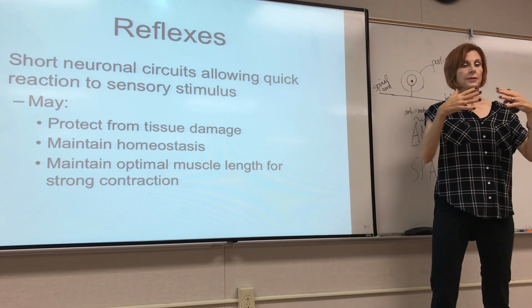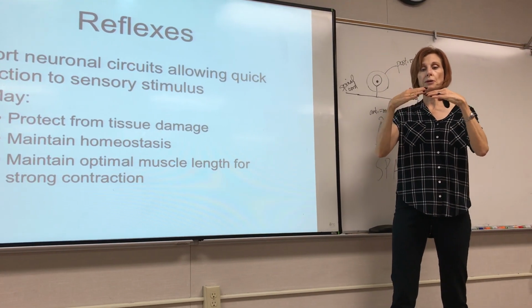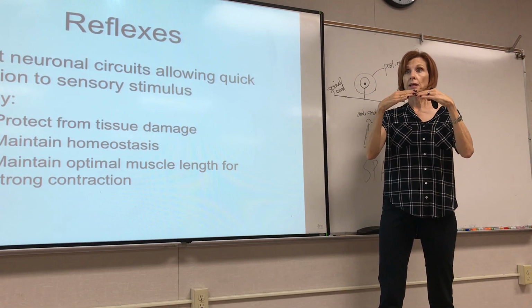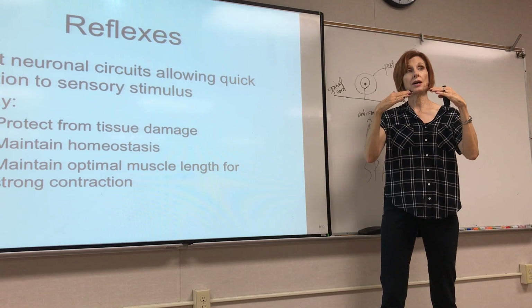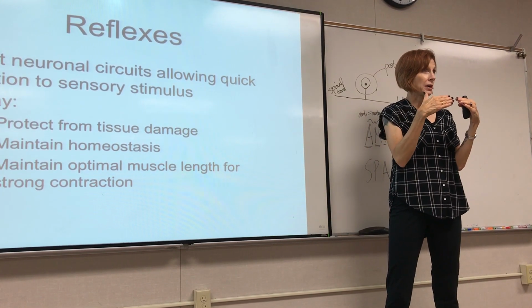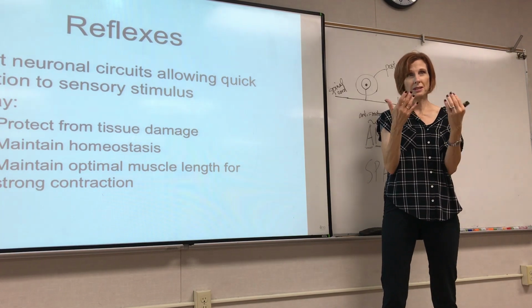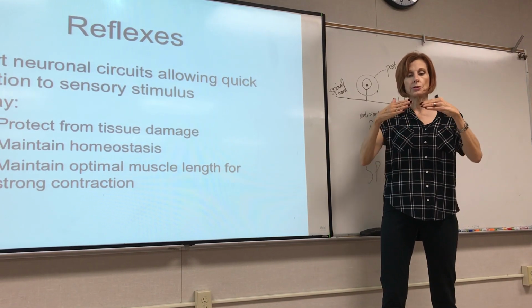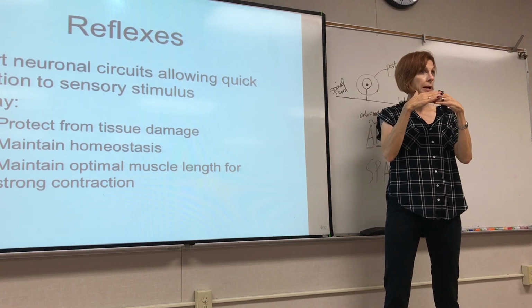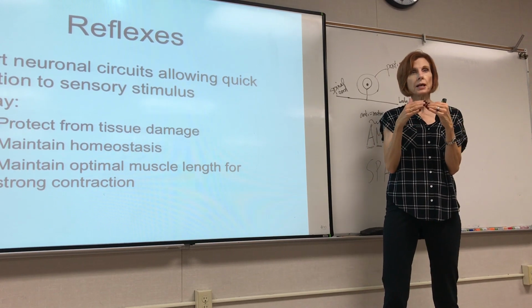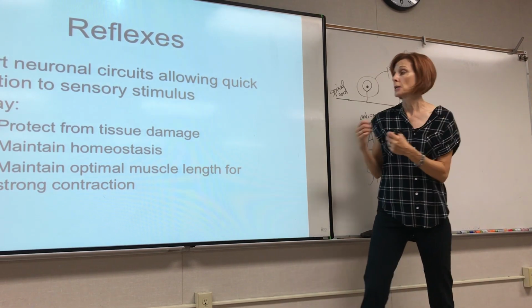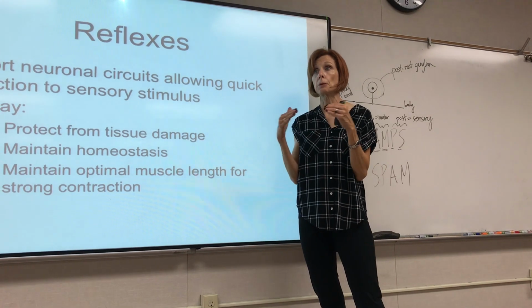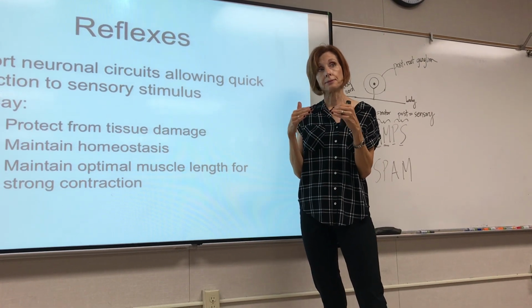You guys remember that in the sarcomeres, the myofilaments have to overlap some. If we get the muscle too stretched out, it's not going to be able to contract with any kind of force. And if there's too much overlap, the same thing happens. We can't really generate a strong contraction. So that type of reflex helps to keep the muscle at an optimal length.